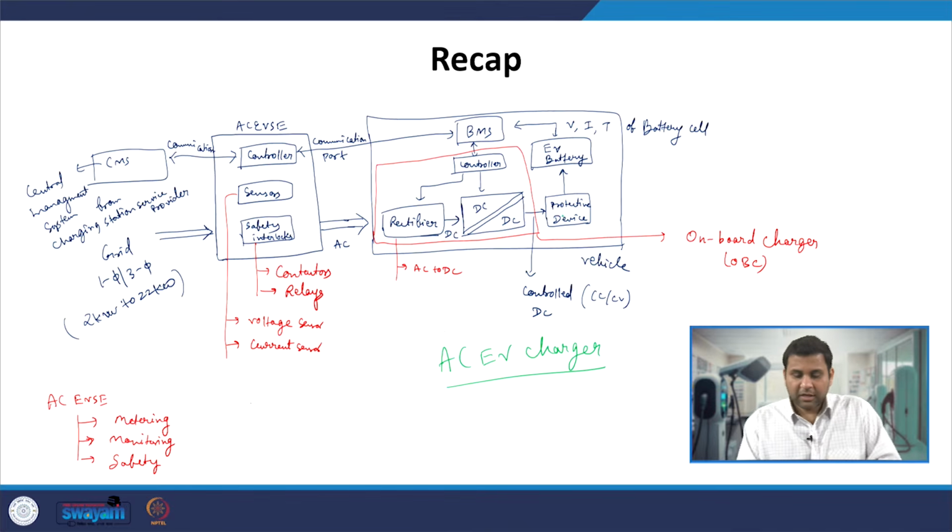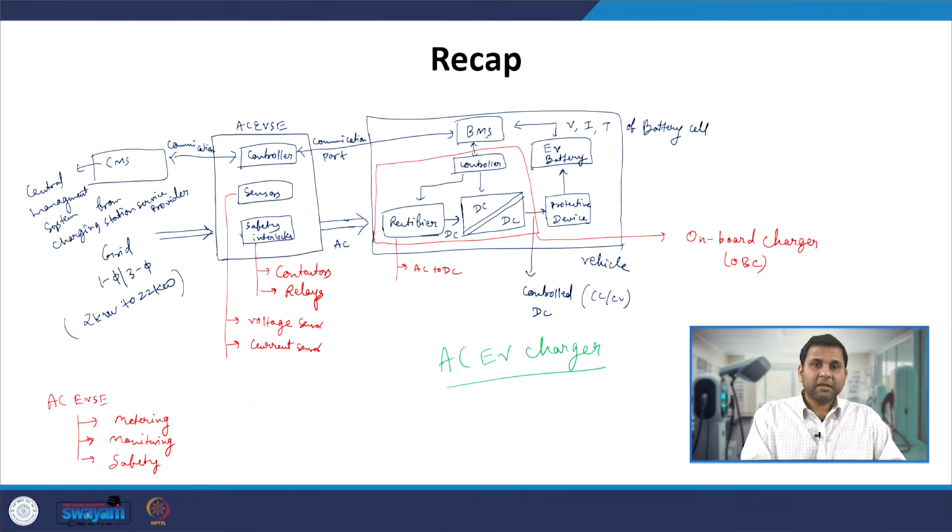Then this output goes through the protective device and directly into the EV batteries. This isolated DC-DC converter also provides the isolation between the EV battery and the AC which gets plugged into the vehicle.